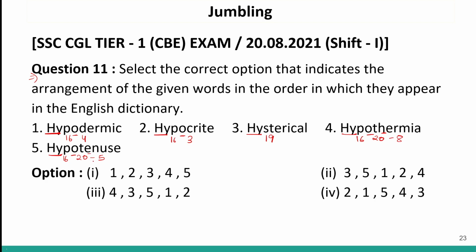So the correct sequence will be, the first word will be hypocrite. Then after this, we'll get hypodermic. Then after this, we'll get hypotenuse.